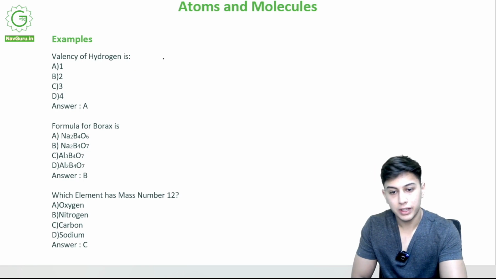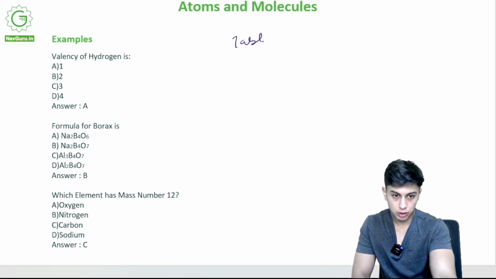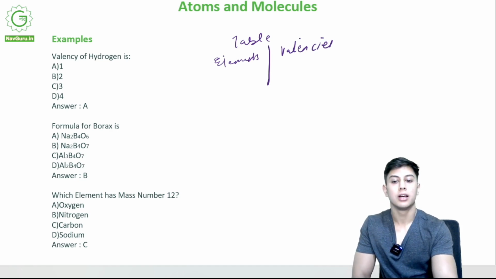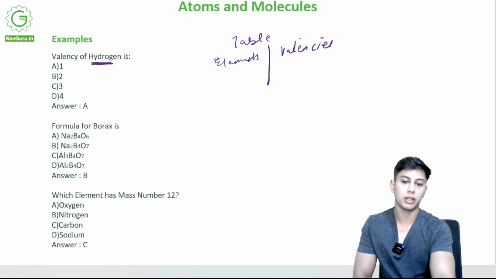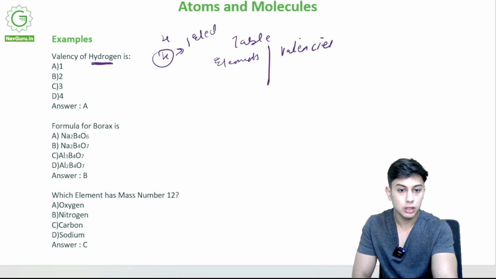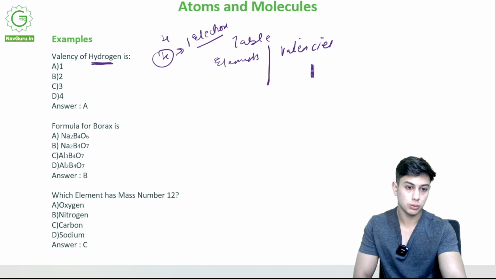The valency of hydrogen is what? If you remember, I gave you a table showing elements and valencies. Memorize that, then you will be able to tell me easily what is the valency of hydrogen. Hydrogen in its outermost K shell has only 1 electron. So it can gain or lose only 1, that is 1.